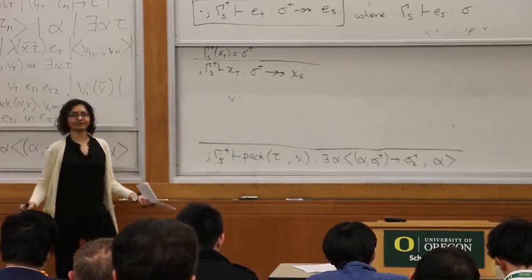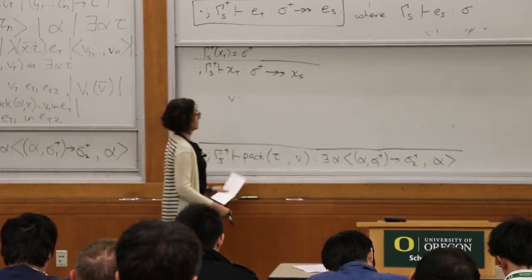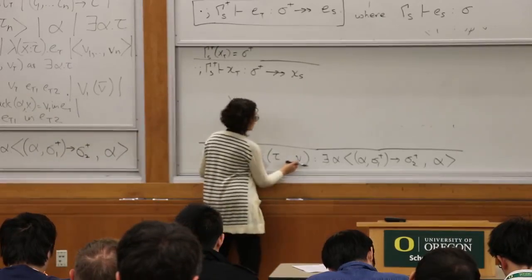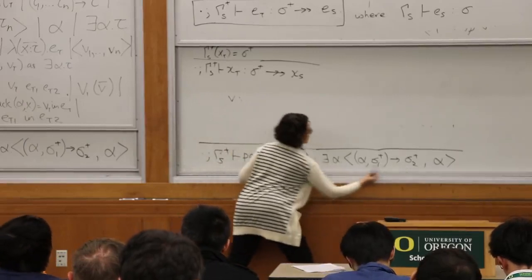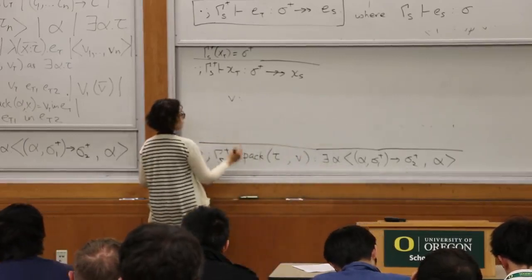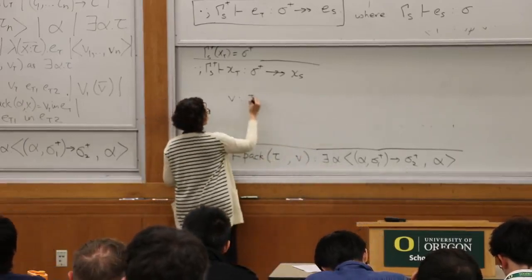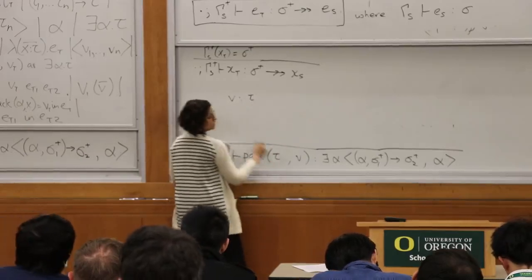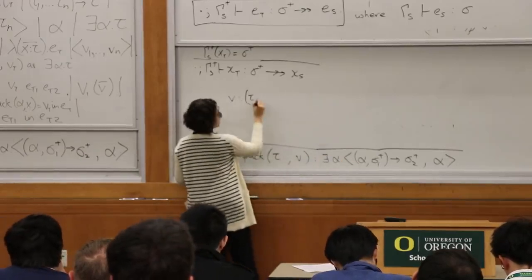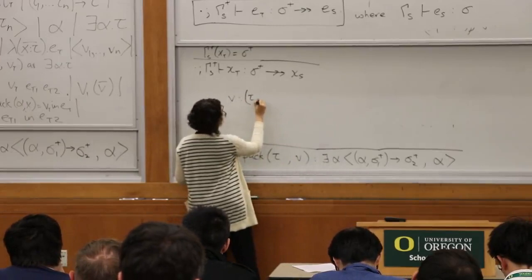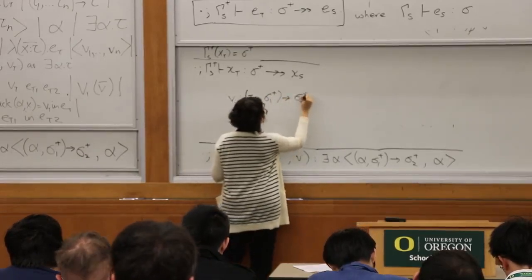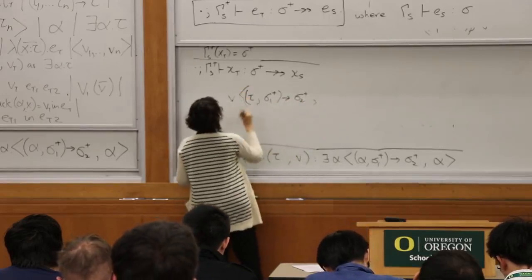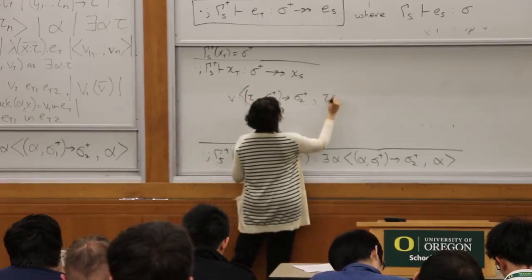Remember your pack rule from yesterday. The typing rule for pack tells us this value must have this type, but with the witness type substituted for the alphas. So here's my witness type, right? I'm going to substitute for the alphas. So this guy has to be tau comma sigma 1 plus arrow sigma 2 plus paired with a tau.